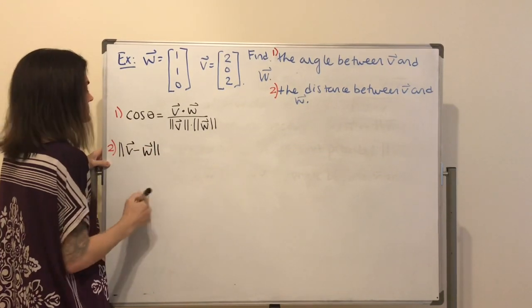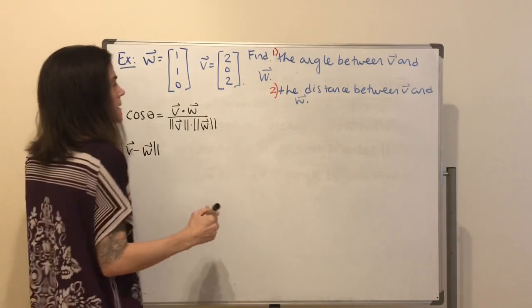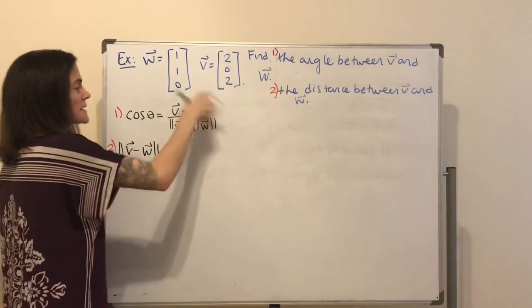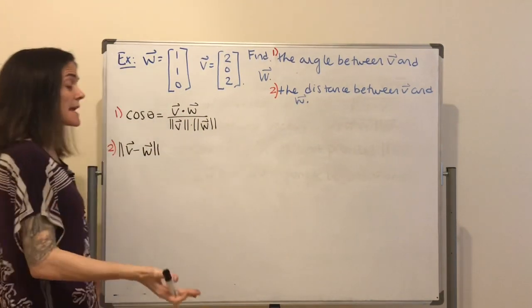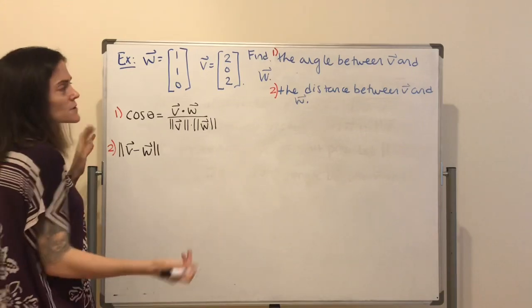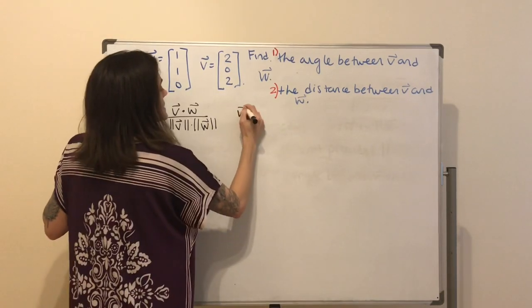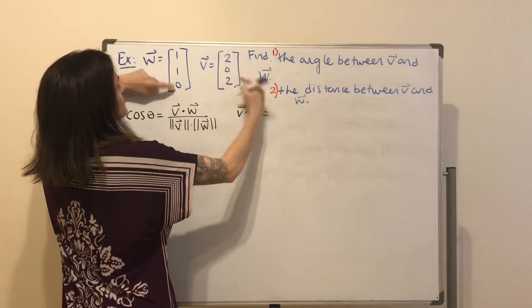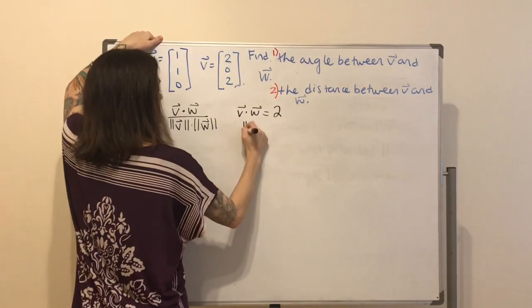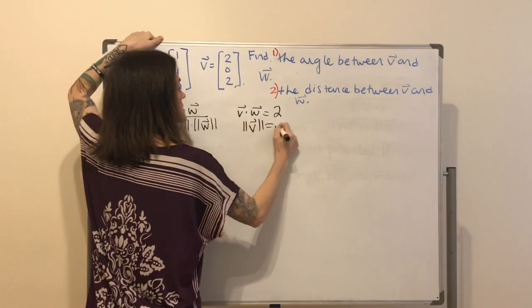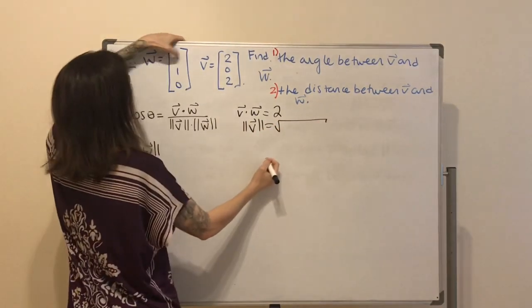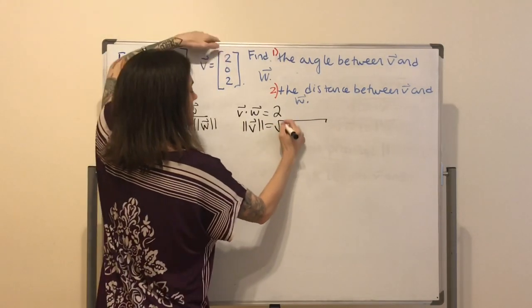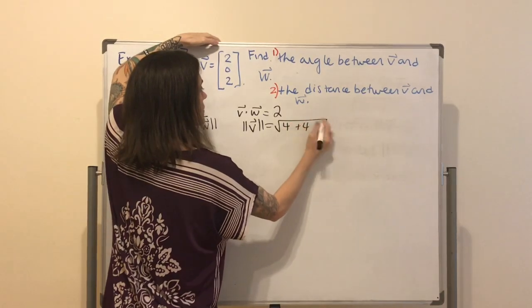Okay. Well, let's begin on number 1. I need to calculate all these quantities and then think about the inverse cosine. V dot W is 2 plus 0 plus 0. The length of V is the square root of, here, 4 plus 4.